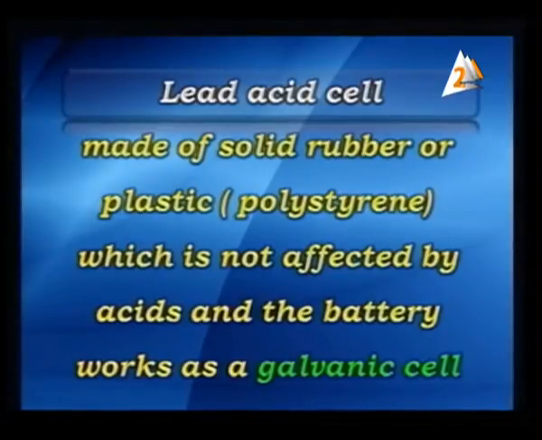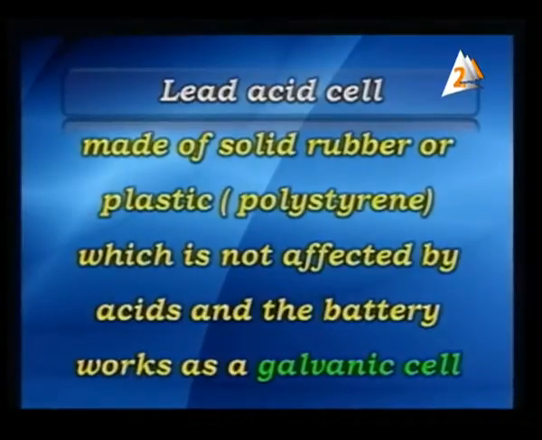The good name for this is polystyrene, which is not affected by acids. This battery works as a galvanic cell. We studied before that this is the primary cell, the galvanic cell. So the lead acid cell depends on the work of a galvanic cell.